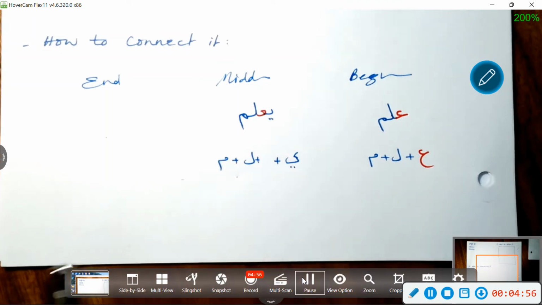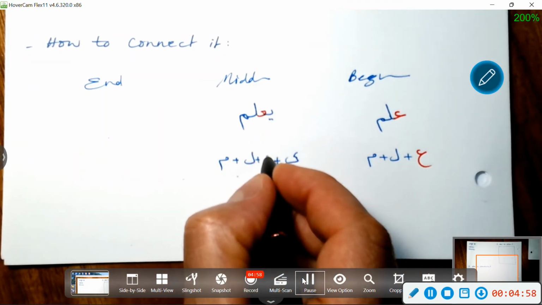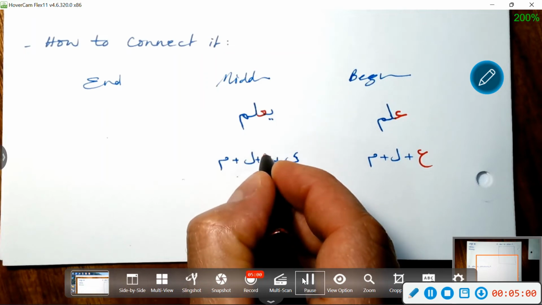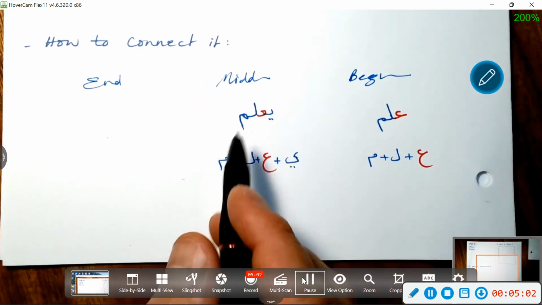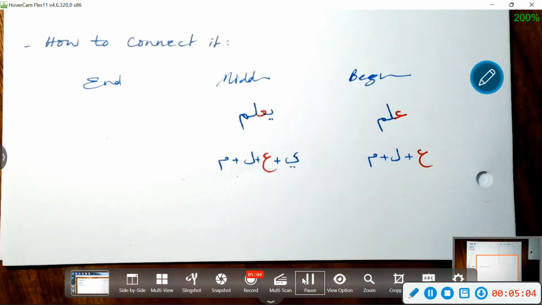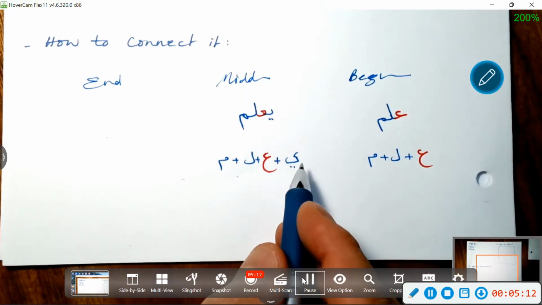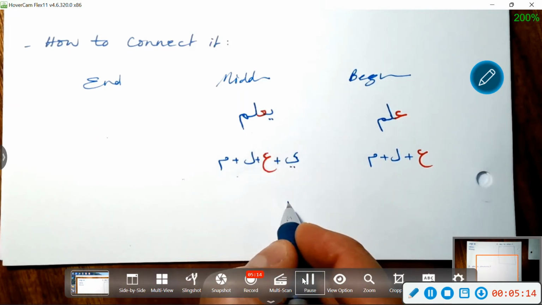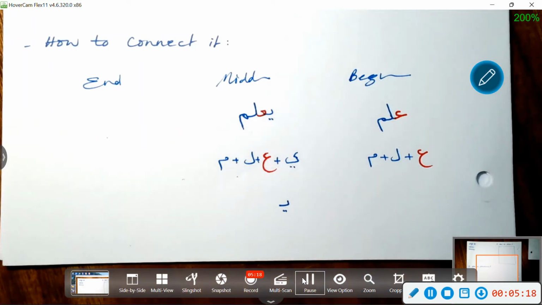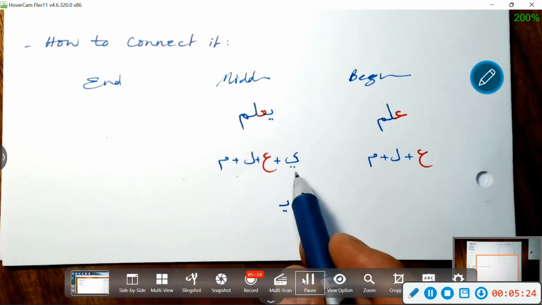Now, here, as we see, when Ain is connected in the middle of the word, it changes its shape. And as I explained earlier, Ya, when it's connected, becomes one tooth with extension, like Ba, Ta, Tha. And we're going to study that later when we arrive to the letter Ya.